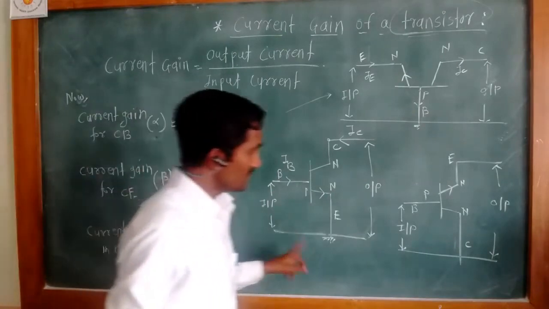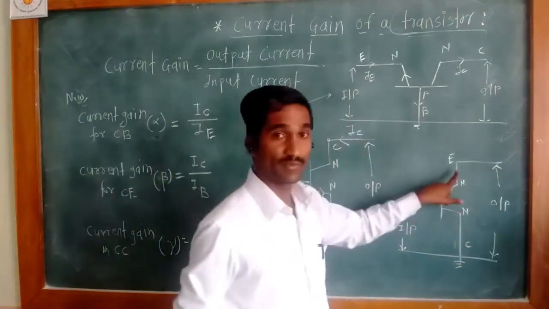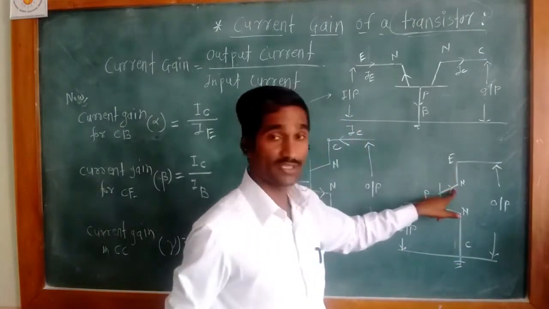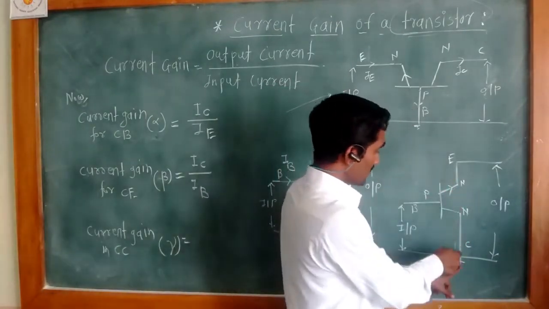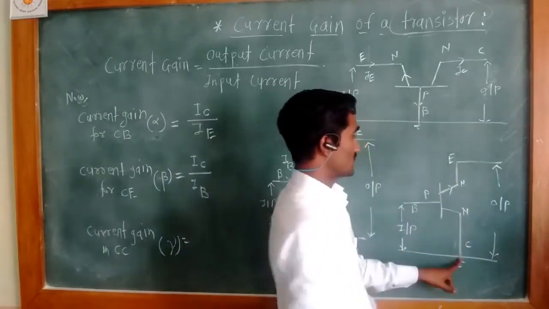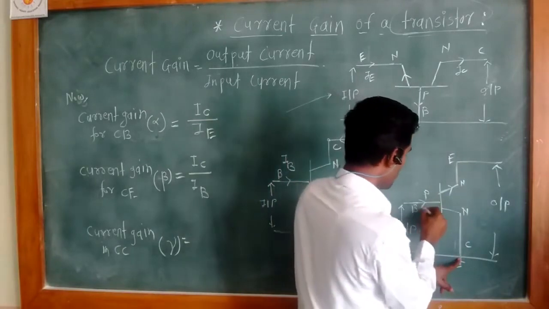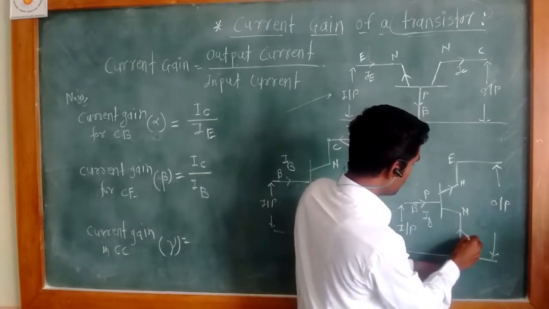Similarly, here the collector terminal is common, because this is the emitter terminal, where the arrow indicates the emitter. In this section, the collector terminal is common for the input section as well as the output section.